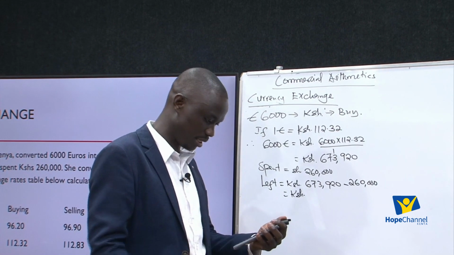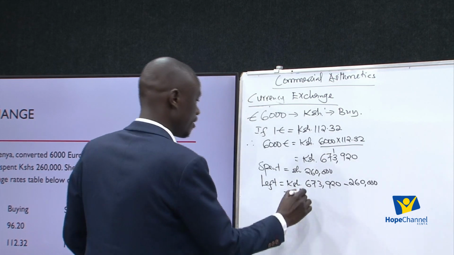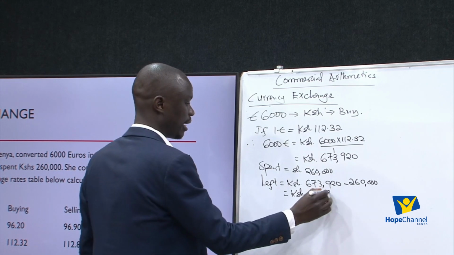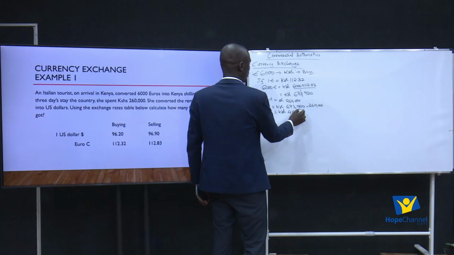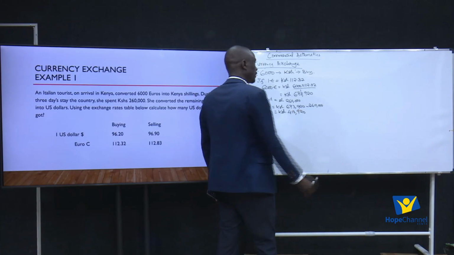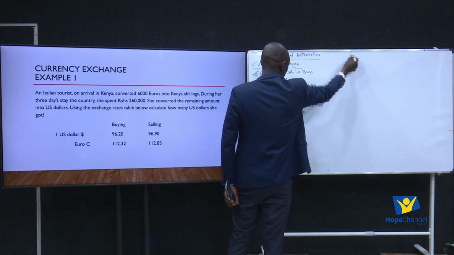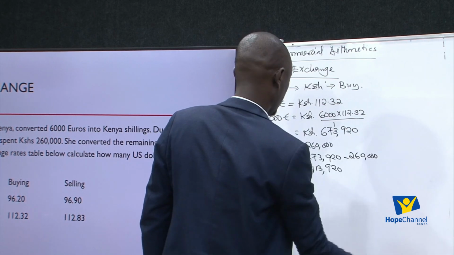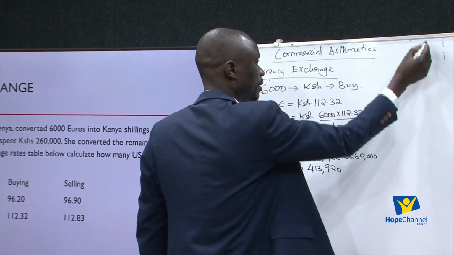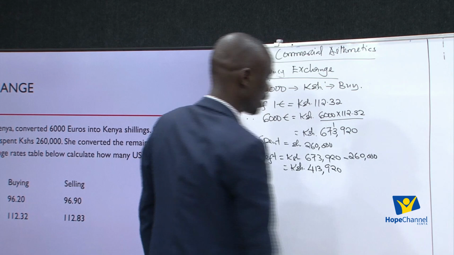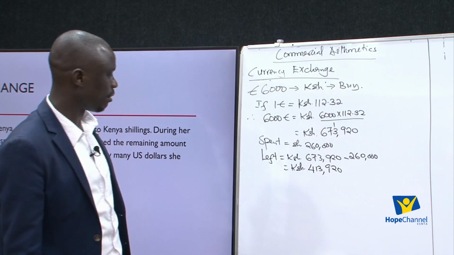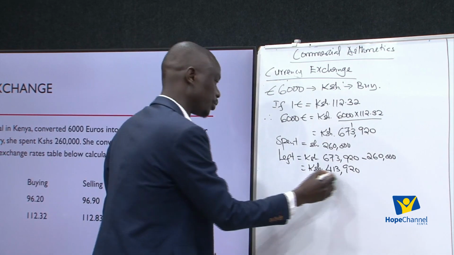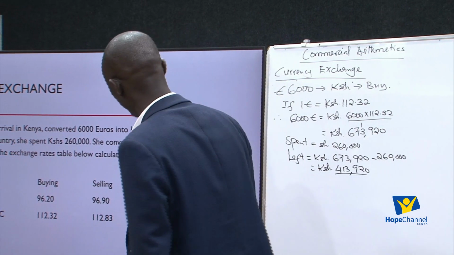That gives us 413,920. She was left with 413,920. Good. Step by step.